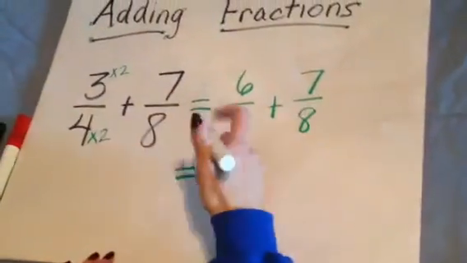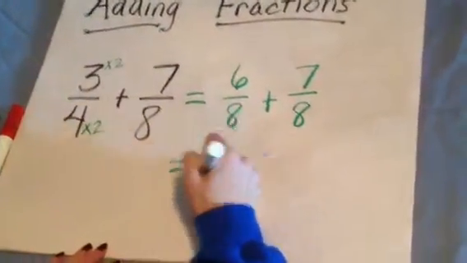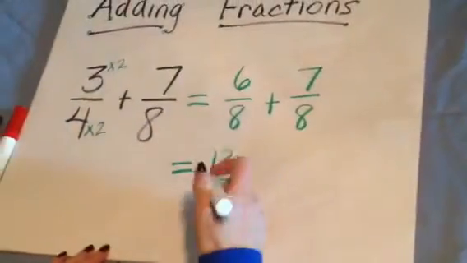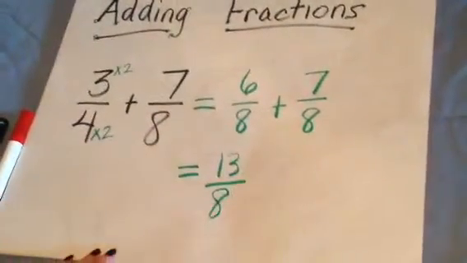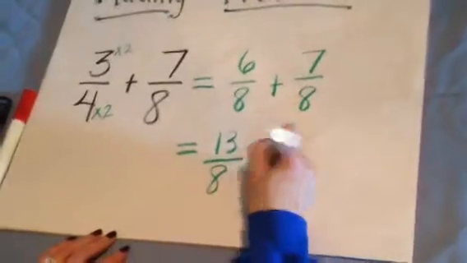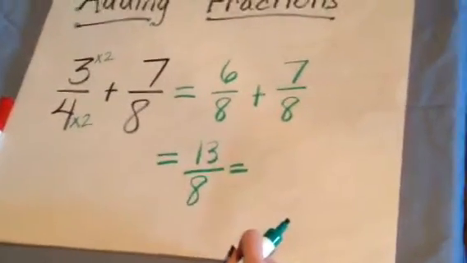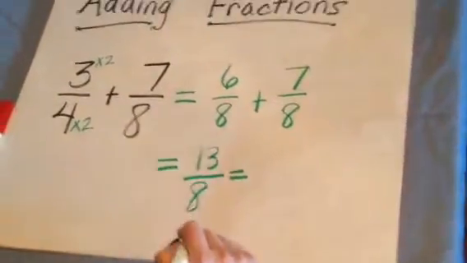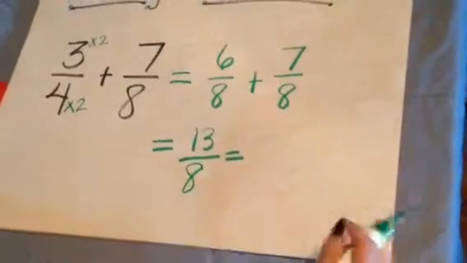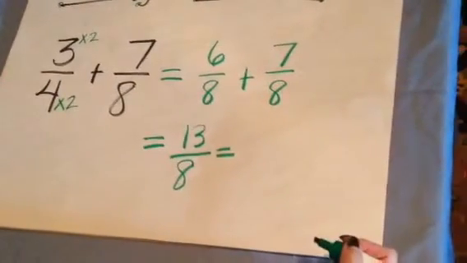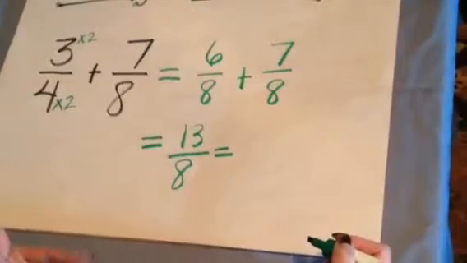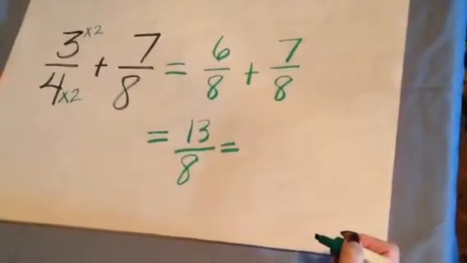I am ready to add my two fractions. 6 plus 7 is 13. I don't do anything to my denominators. I just leave it as 8. Now, some of you may think you're done and ready to move on to the next problem. However, this is an improper fraction and I would like to have it simplified. So I'm going to think to myself, how many 8/8 are there in 13/8?